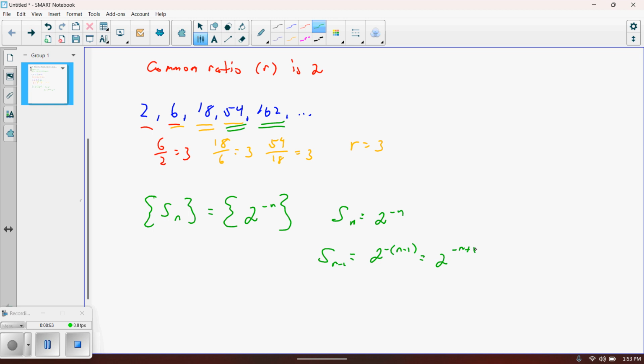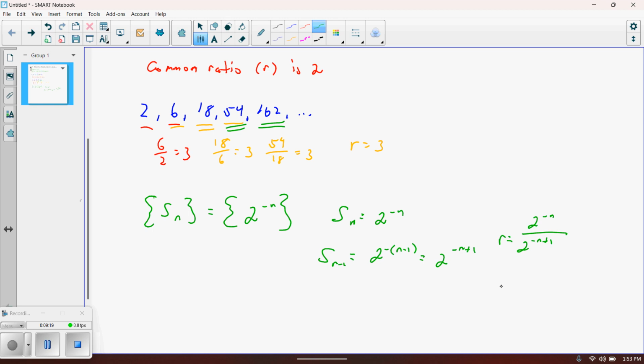And according to this, if I take the current term and divide it by the previous term, we should get the common ratio. So if this thing has a common ratio, it would be 2 to the negative n divided by 2 to the negative n plus 1. So what I now have is a division with common bases, and when you divide things with common bases, you subtract the exponents.